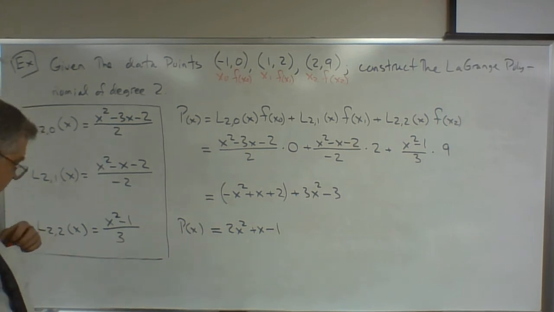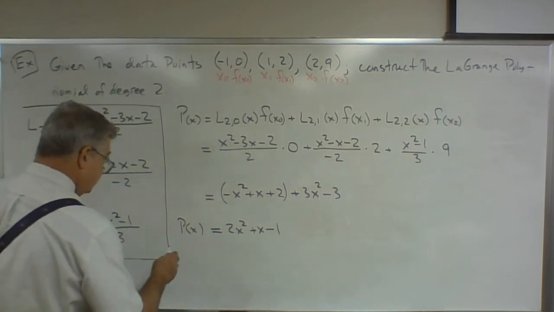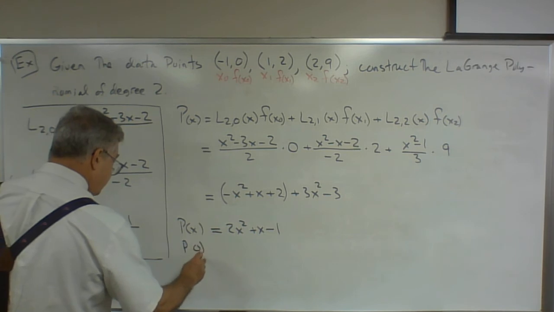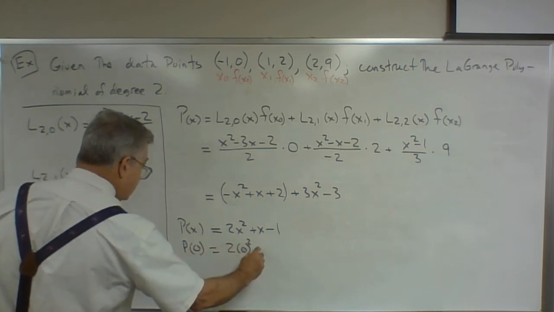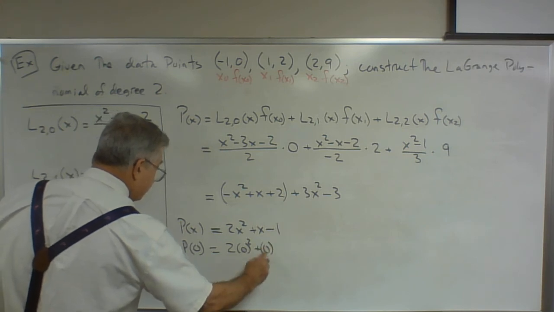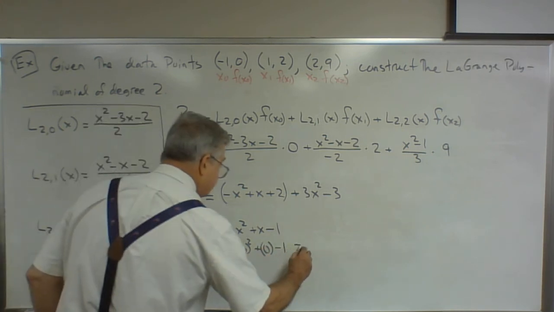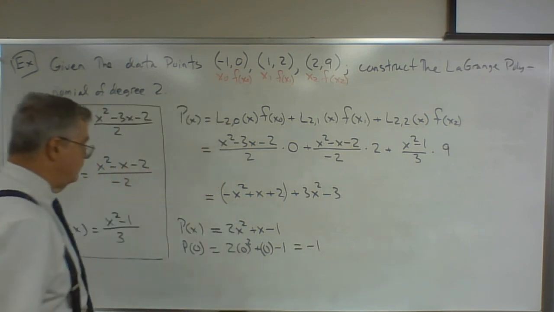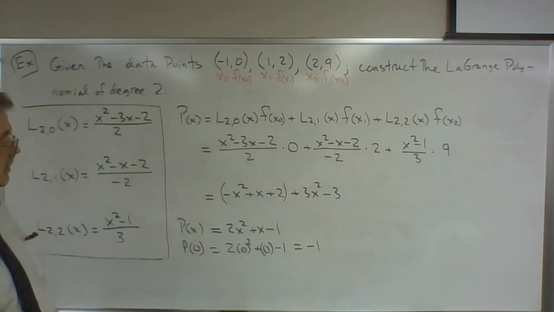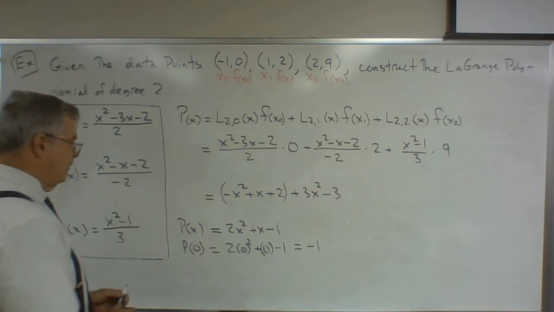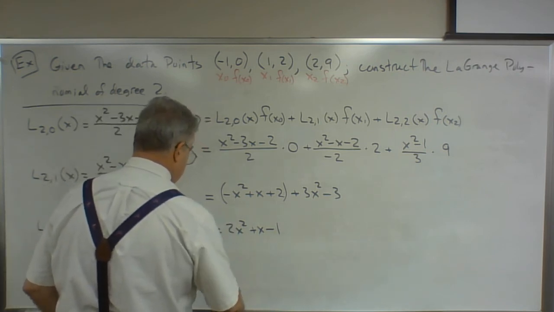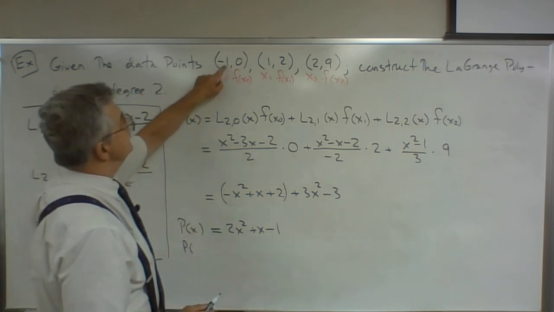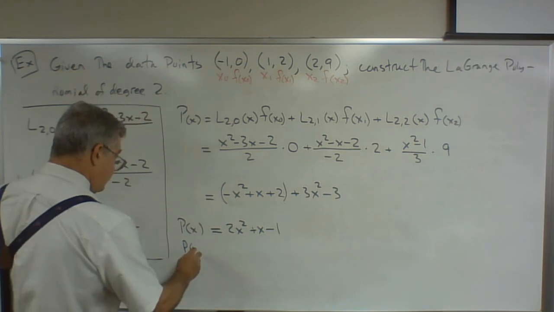Now, does it agree with all of the data points? Let's see. P of 0 is 2 times 0 squared plus 0 minus 1, which is minus 1. I'm sorry, that's not one of our data points. P of x of 0 is P of negative 1.